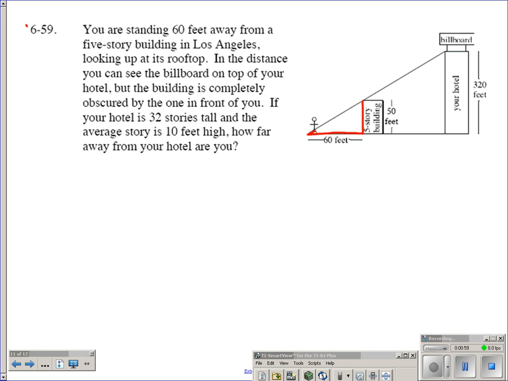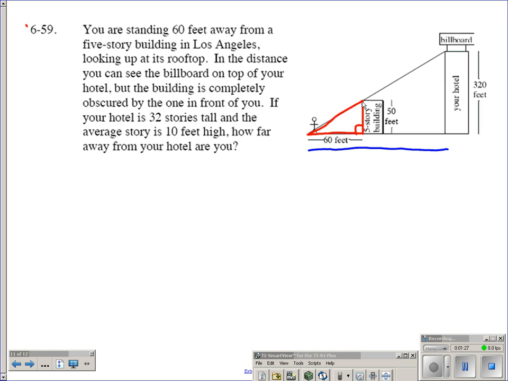So obviously this is going to make us a right triangle here. But what you're looking at really here is your hotel, which is way down here. And we're trying to figure out how far away you are from your hotel. So we're thinking about this distance from where we're standing all the way over here to our hotel.